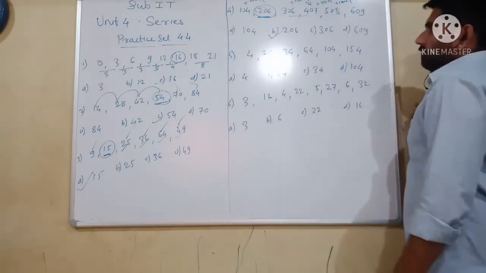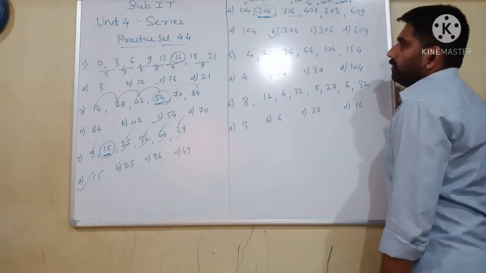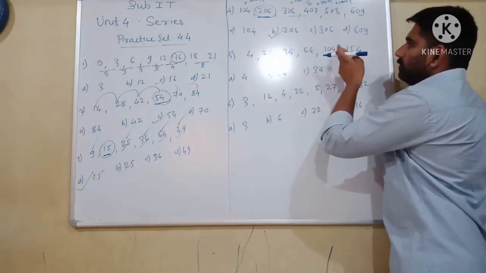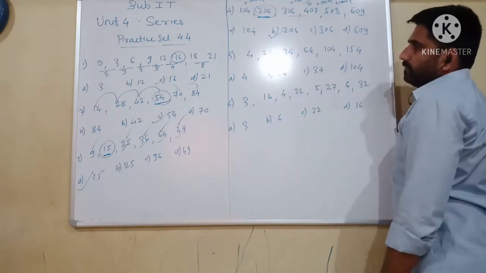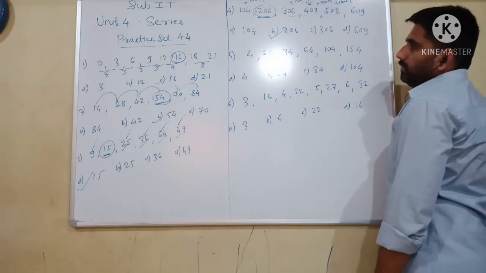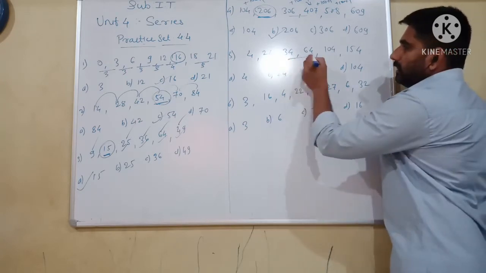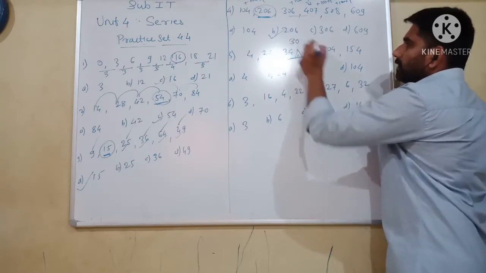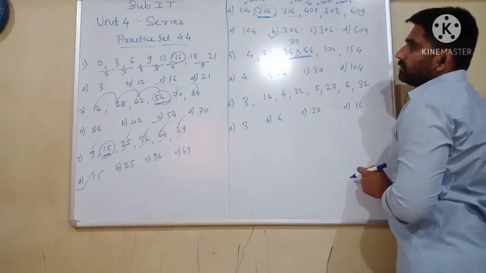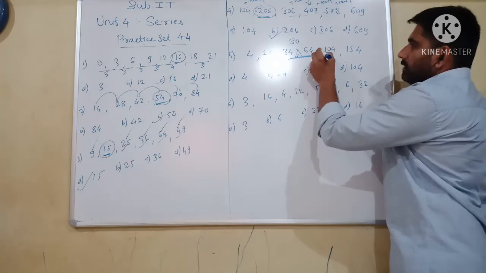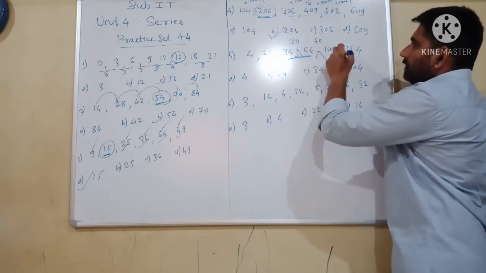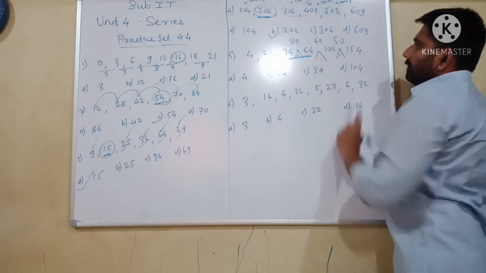In question number 5, if we check out 4, 24, 34, 64, 105, 1. Between two numbers here there is a gap of 30, here 64 to 104 is a gap of 40, here a gap of 50.